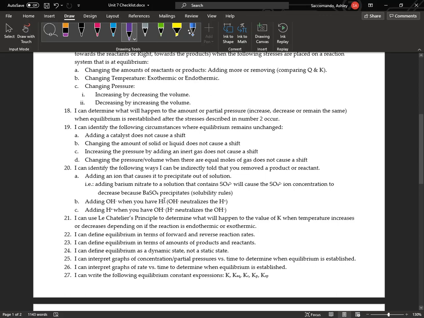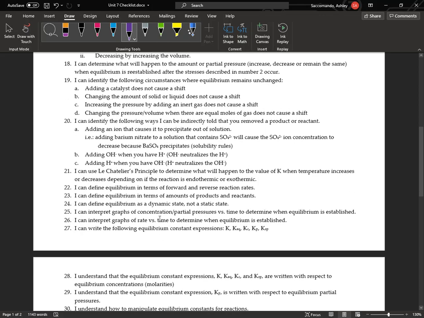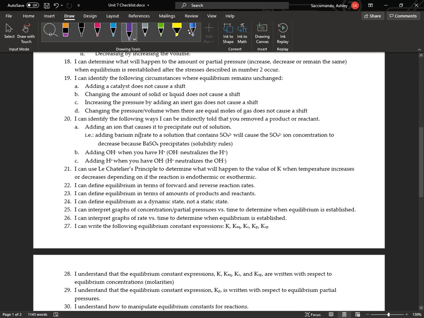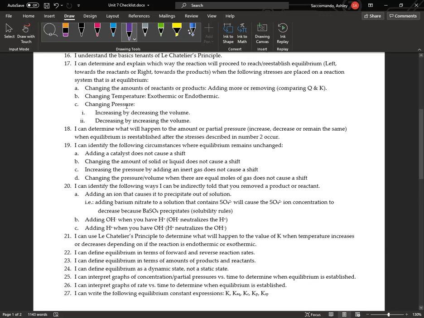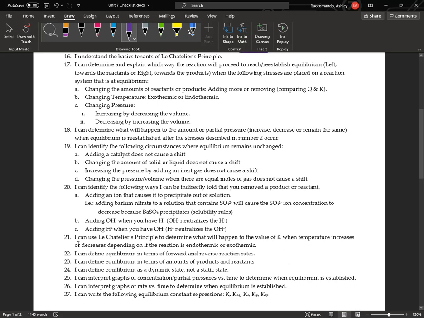We'll talk about that more in acids and bases. If you cause a precipitation of an aqueous solution, that's going to remove the ion from the solution. So it's like removing it, follow Le Chatelier's for that. So basically 16 through 21 is Le Chatelier's.